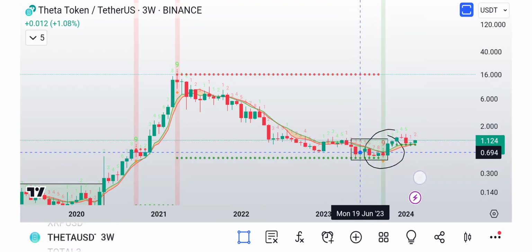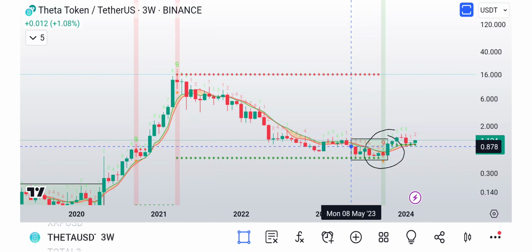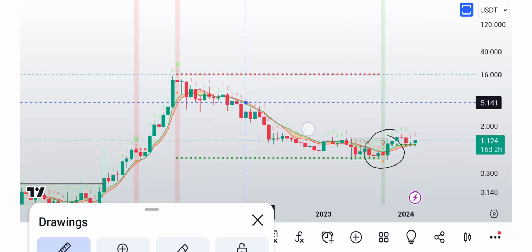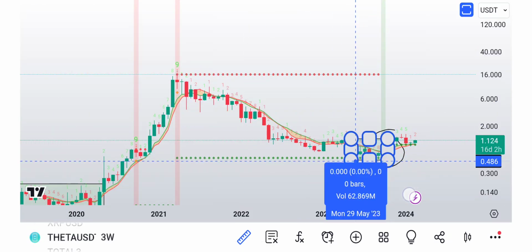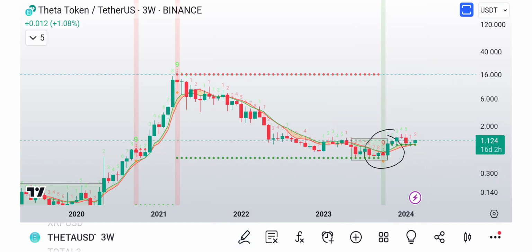So look at that. We have 1, 2, 3, 4, 5, 6, about 7. So 7 times 3 weeks, right? That's a good amount of time right there. So we had what was that? Yeah, about 150 days, 140 days around there.